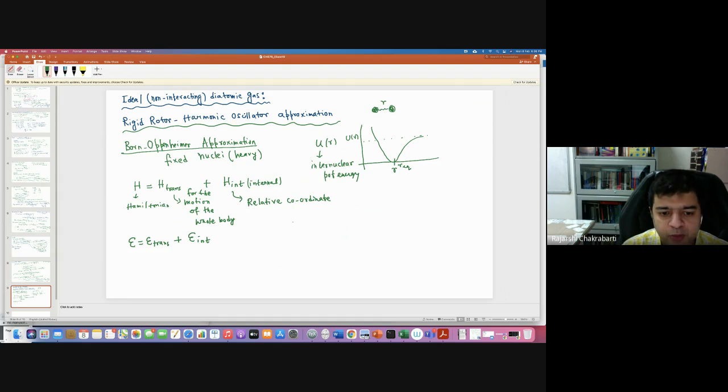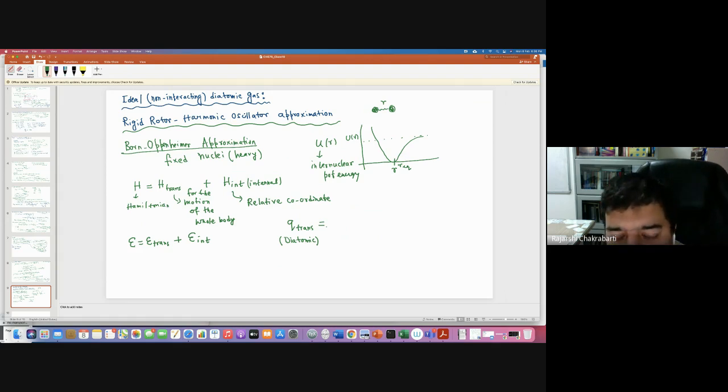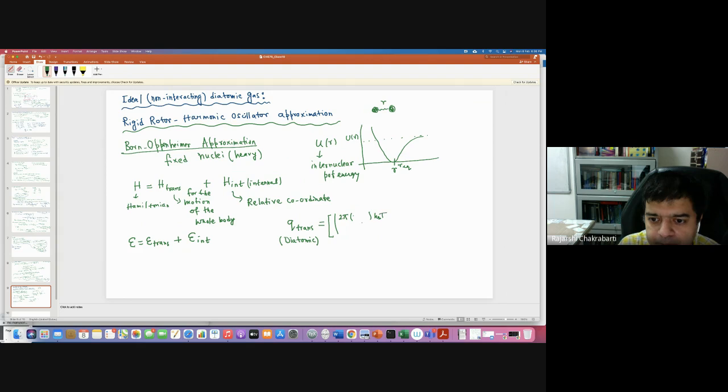Okay, and what is the translational partition function in this case for the diatomic? Can anyone tell me what is the translational partition function for the diatomic molecule? Very easy, because you know this is twice pi m kBT, isn't it?